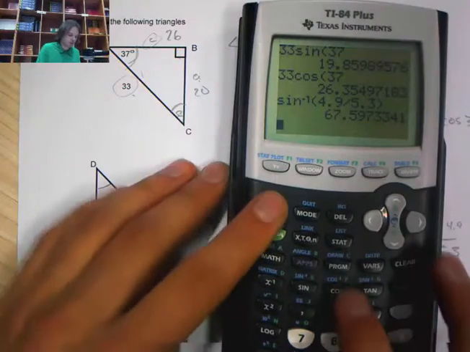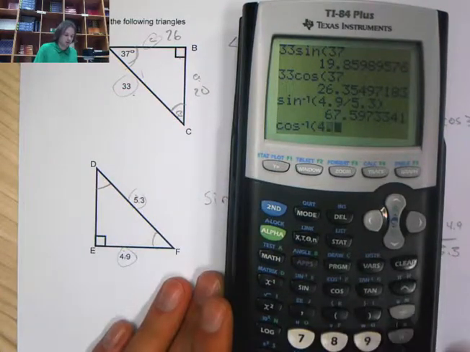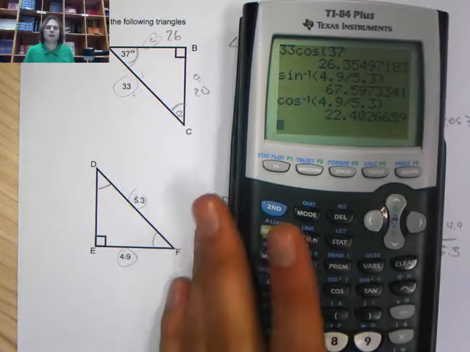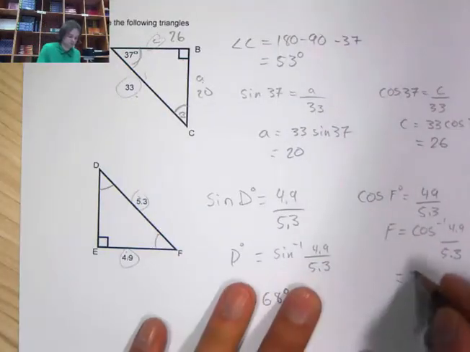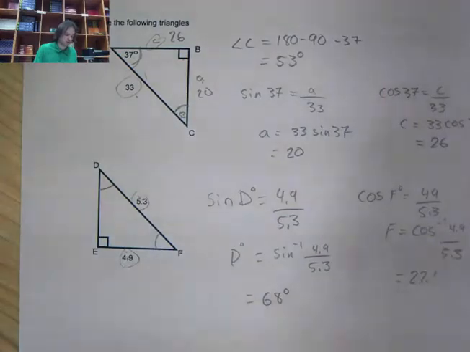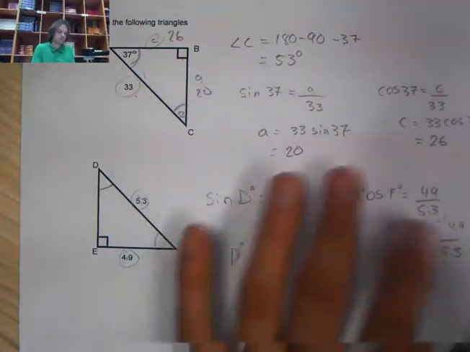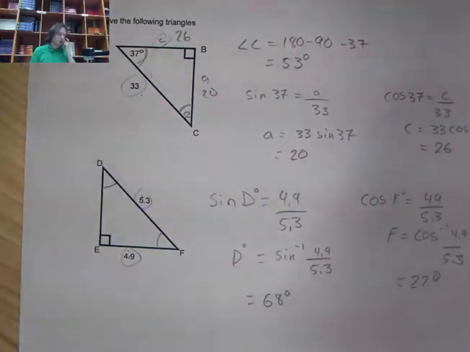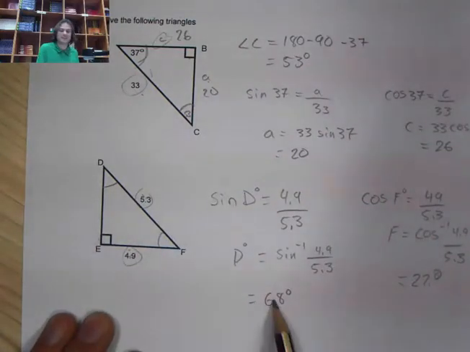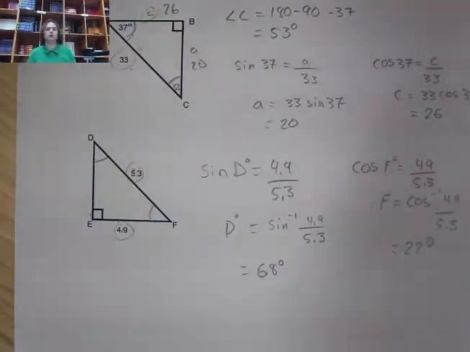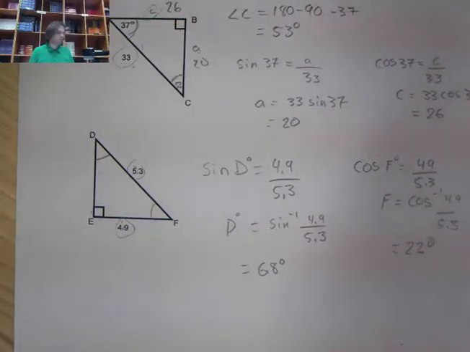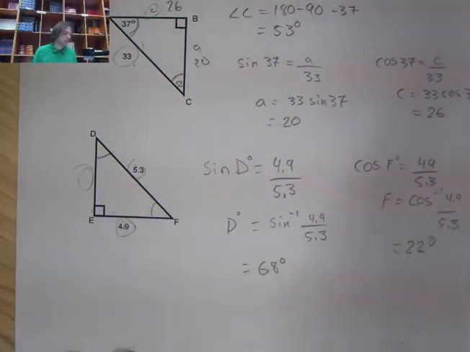I'm going to go second cos, and we have 4.9 divided by 5.3. Close my brackets, and I end up getting 22.4. So that's 22 degrees. Now also what I could have done is I could have gone 90 minus 68, which would have given me 22 as well.